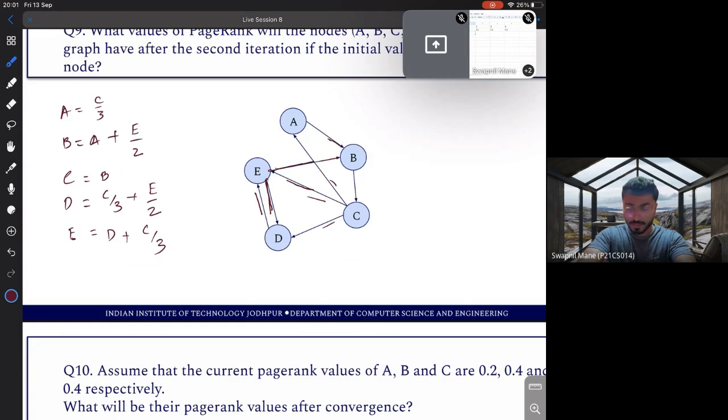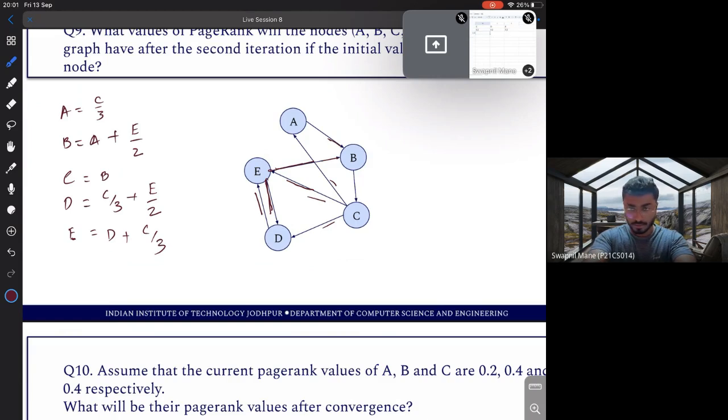So B is the value from A plus E divided by 2, E by 2, right?